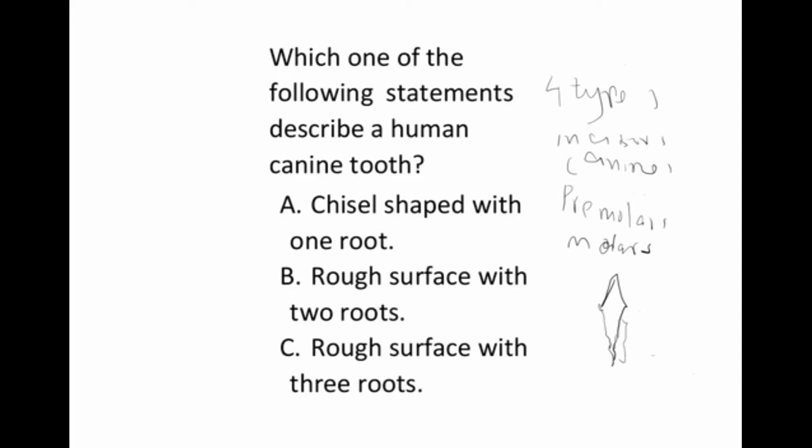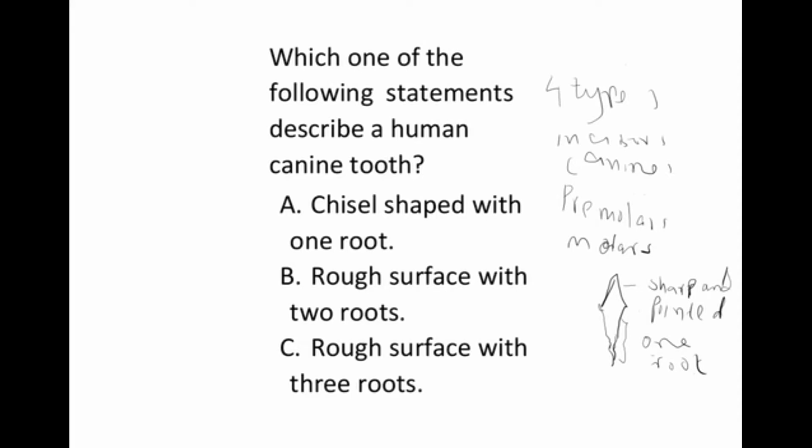So it has only one root. This part, as you look, you can see it is sharp and pointed. So we go to our answers and look whether we are going to get those answers in our choices.